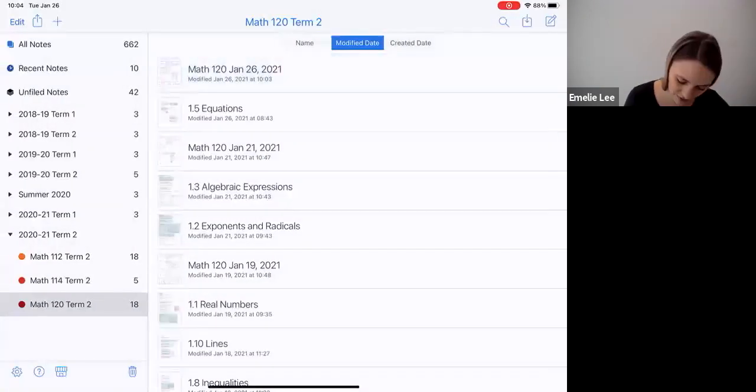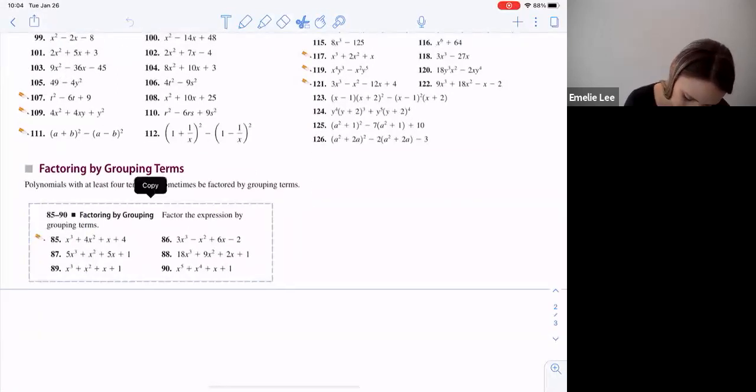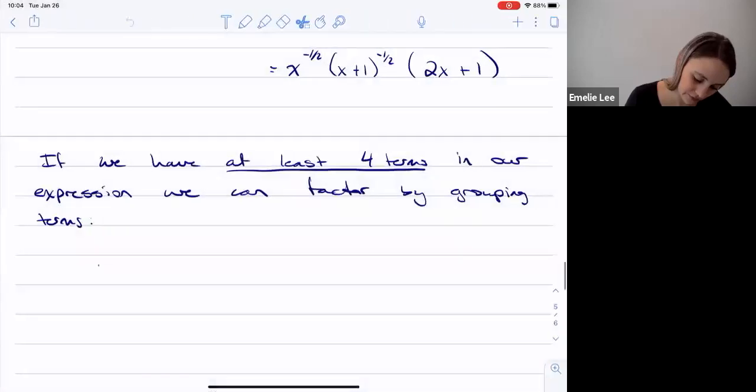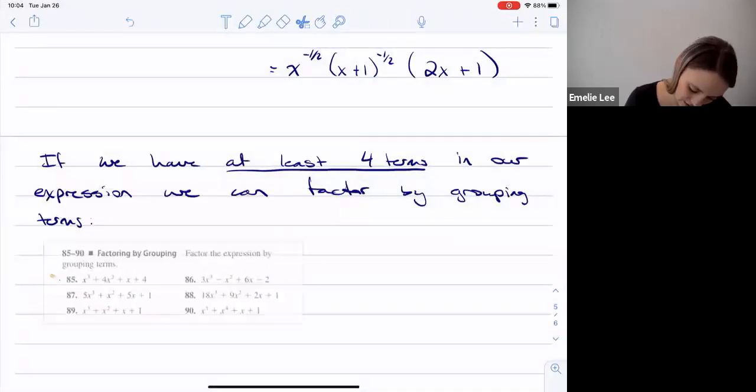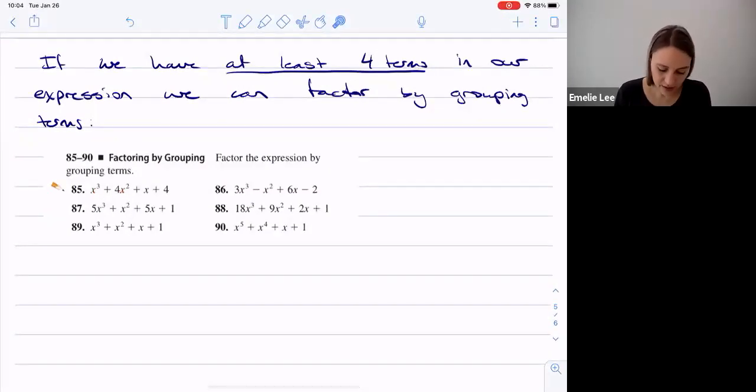So for example, what that might look like is something like this. Here, 1, 2, 3, 4 terms, right?